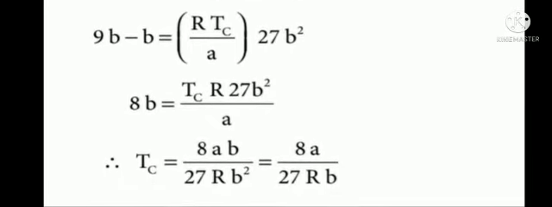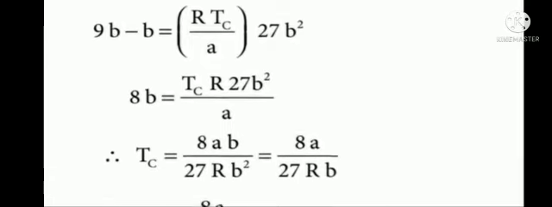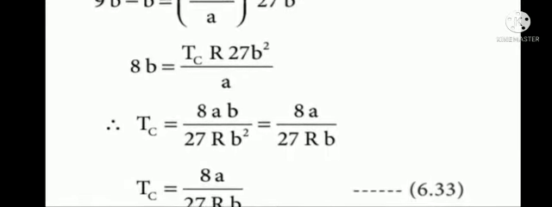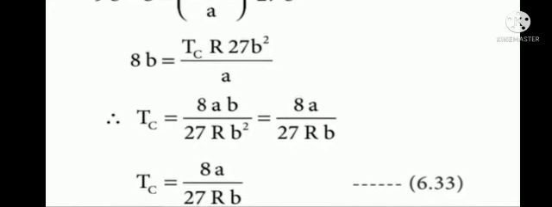Cancel numerator b and denominator b. Finally, we will get 8A divided by 27Rb. Therefore, the value of Tc is equal to 8A divided by 27Rb.